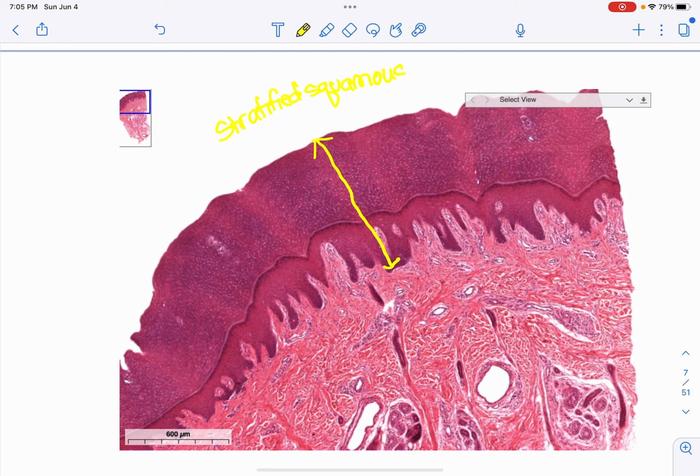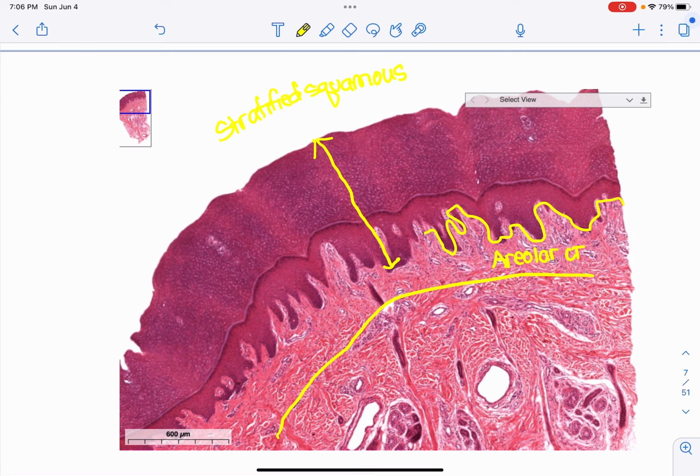And then deep to the stratified squamous epithelium, I would say from about here, and it's hard to trace all of this, but all of this area in here is the areolar connective tissue.